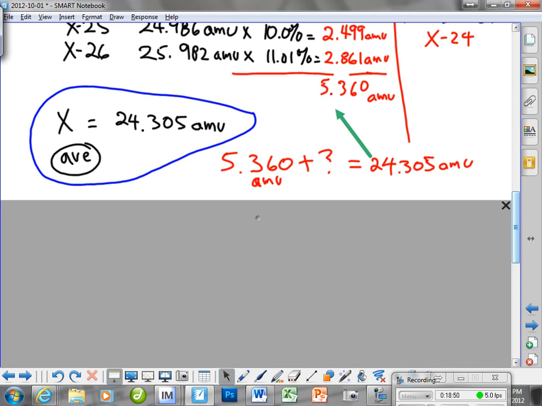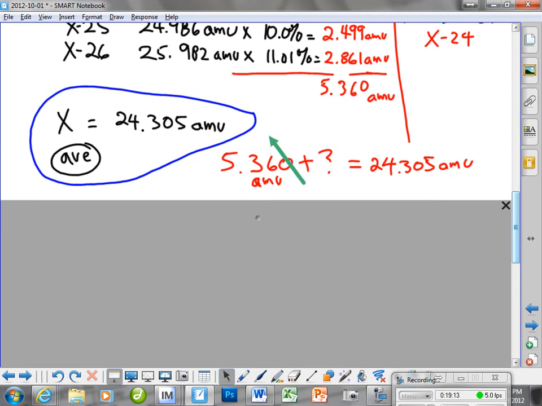Okay? And that came out to this number right here, which goes down here. If I add in the AMUs for the third isotope, which is what they're after, that's going to be the question. The total average was this number.